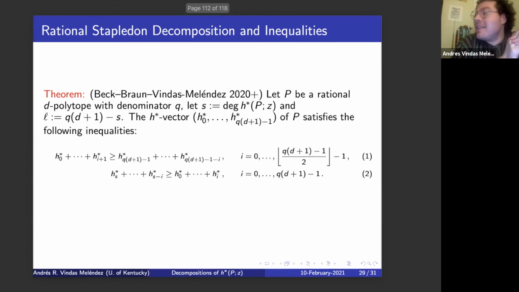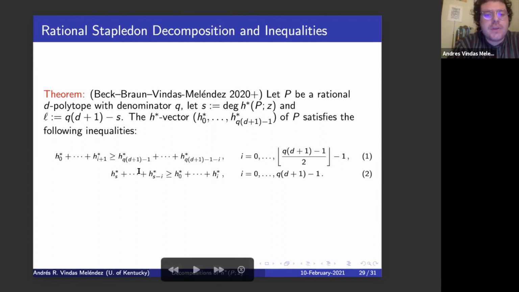So what's the next best thing? Towards that classification, we can ask for inequalities that are satisfied by the H-star polynomial. And that's what this result here is doing. If we let S be the degree of the H-star polynomial, again, L being that dilate where we finally see an integer point in the rational polytope, then the H-star vector of that rational polytope satisfies these two inequalities.